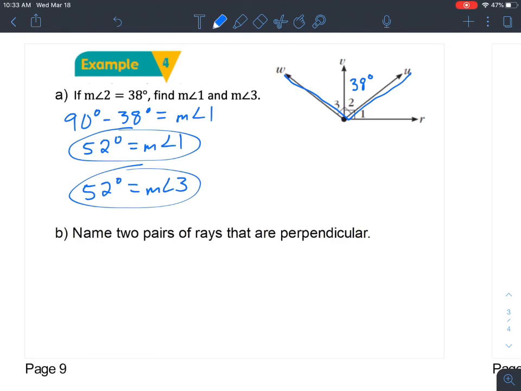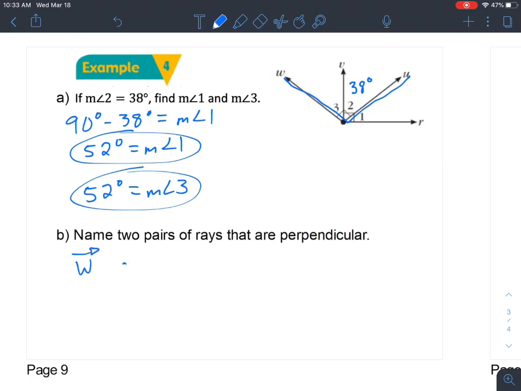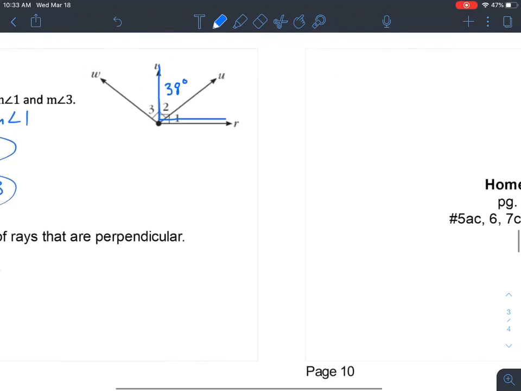The picture doesn't appear to be actually right, but that's why we have the symbol there. So we know that W and U are going to be one set that are perpendicular. And then the other set is right there, and that is V and R.